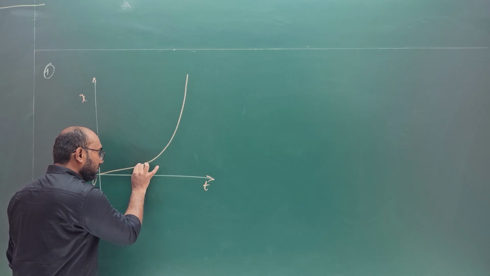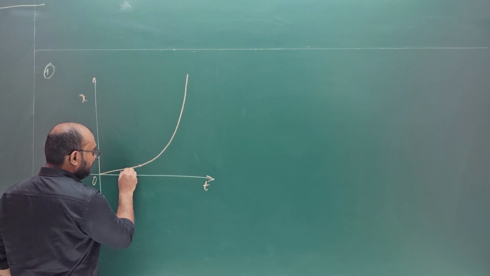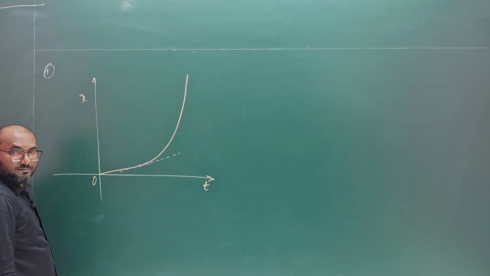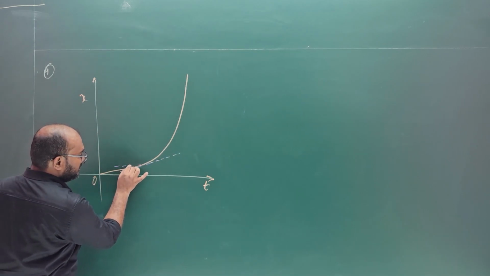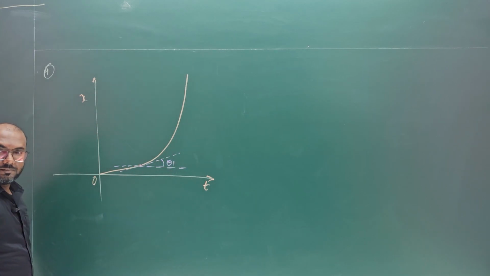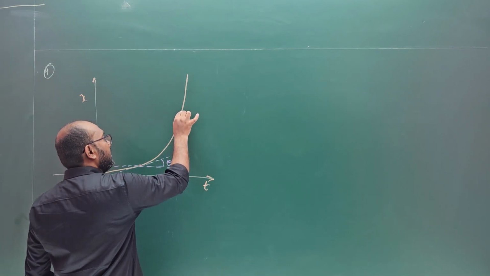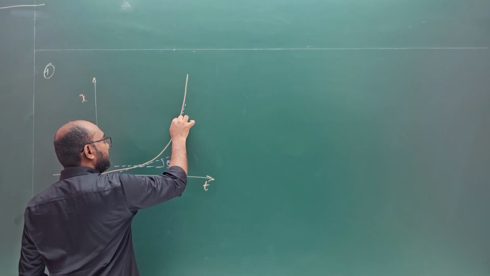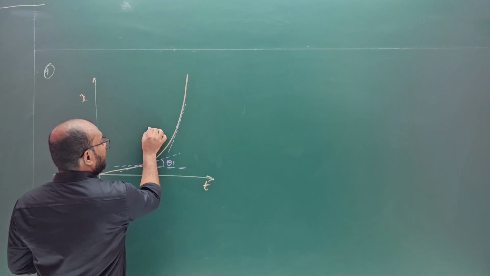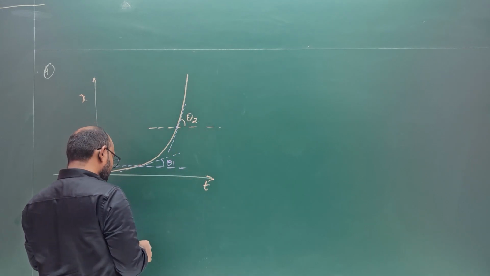Okay, so if I select one point and draw a tangent, can I say this is the tangent? Can I say this is your x-axis? Can I say that this is your theta 1? Similarly, I select one more point here and draw a tangent.